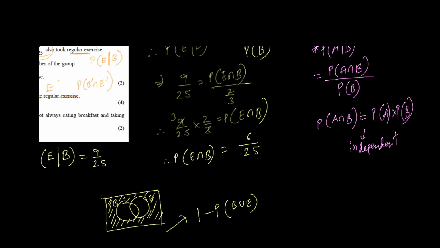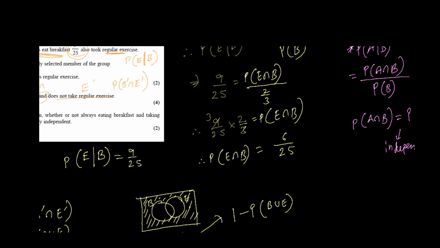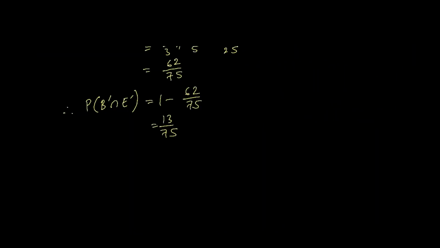If they're not equal, they're not independent. Usually what happens, it is proved that they're not independent. So let's see what happens here.